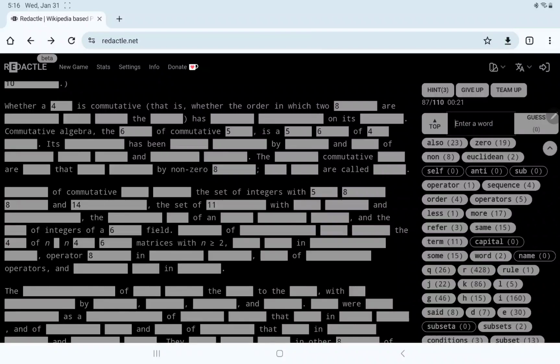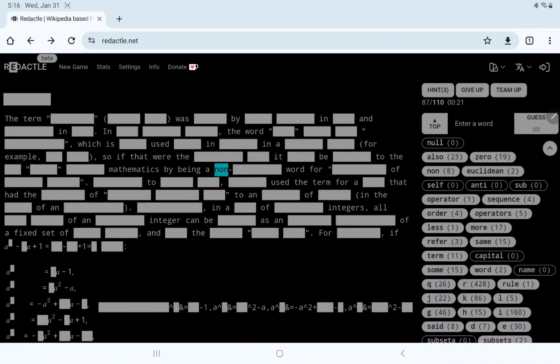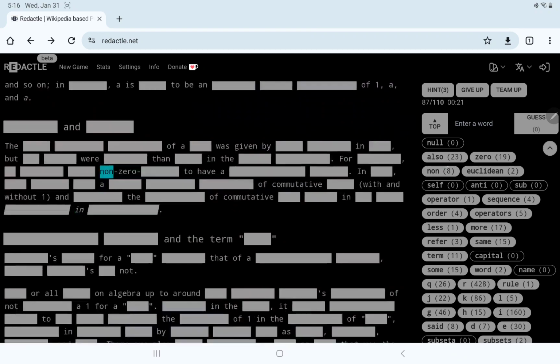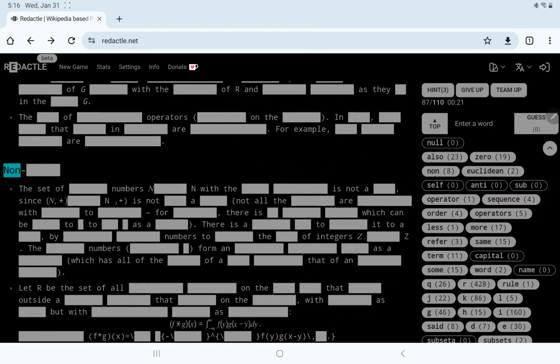Let's do null as well. No, none, null, nulls. By being a non-something word for something. Ooh, non-zero something.